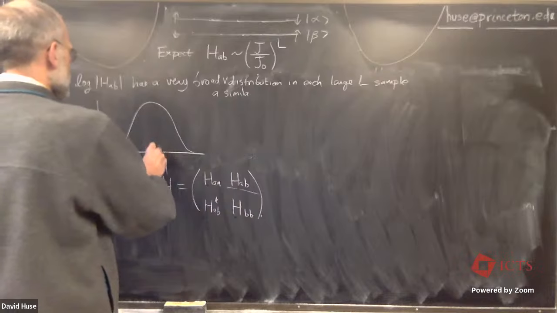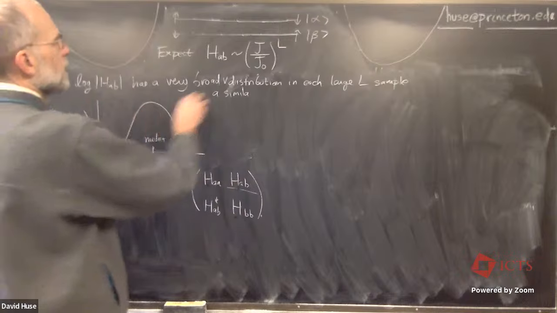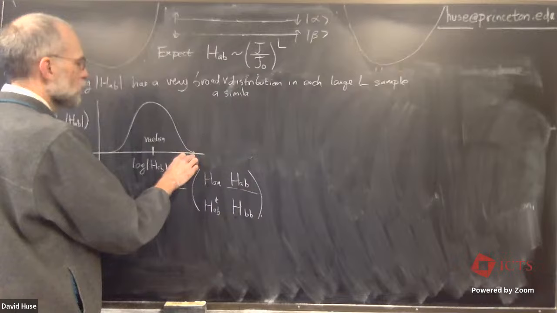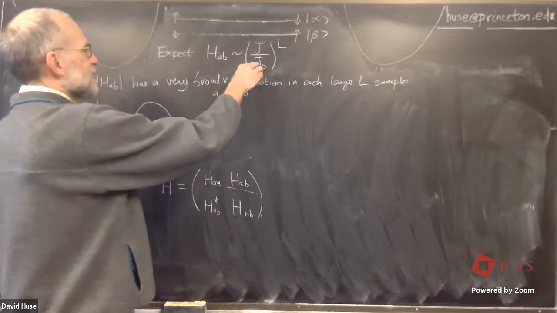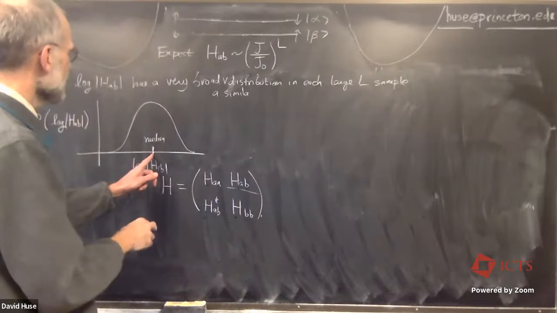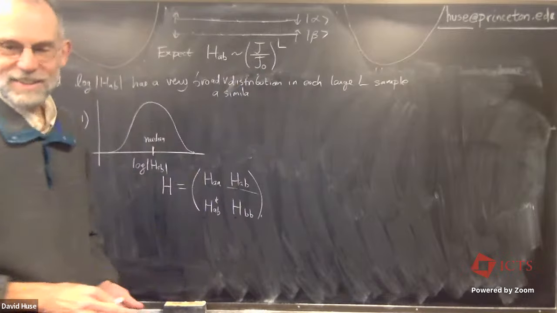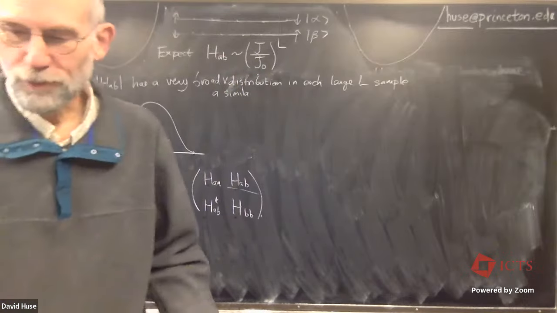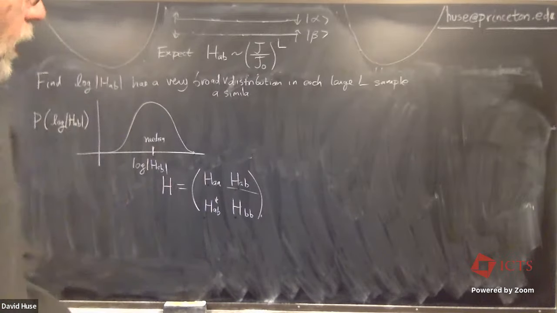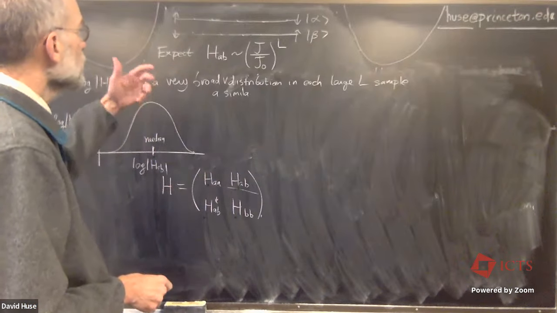But if we ask about the median, it behaves like this. Although if we ask about the extremum here, and I fit it to something like this, the J naught would be very different, because this is exponential in L and this is exponential in L, but with very different factors. And we're not talking about rare samples.